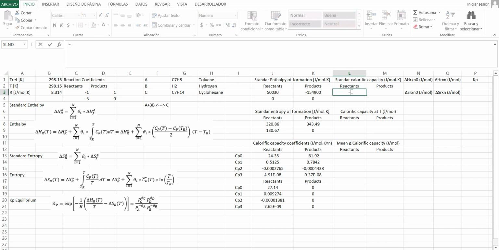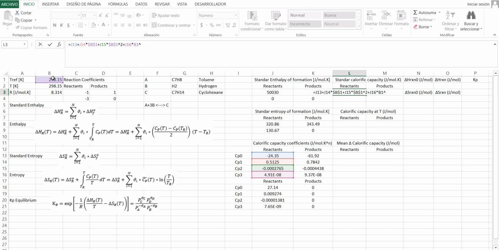This would be order 0 plus this part of the polynomial times the temperature, plus this part of the polynomial times the temperature raised to the second power, plus the third part of the polynomial times the temperature raised to the third power.